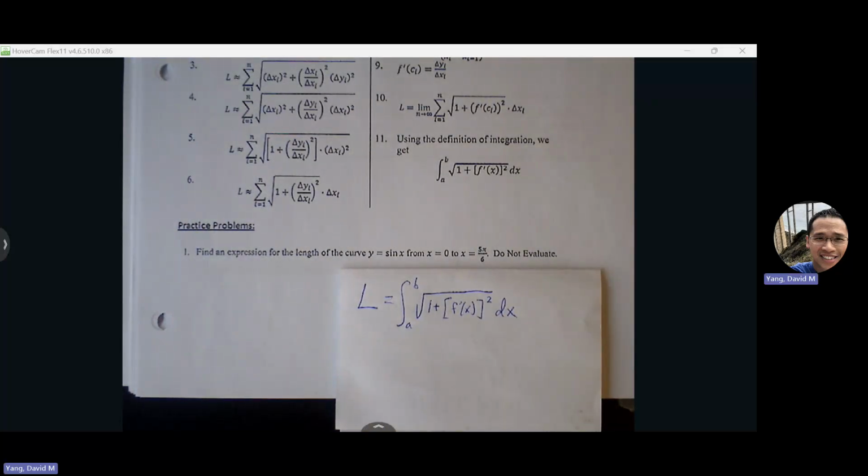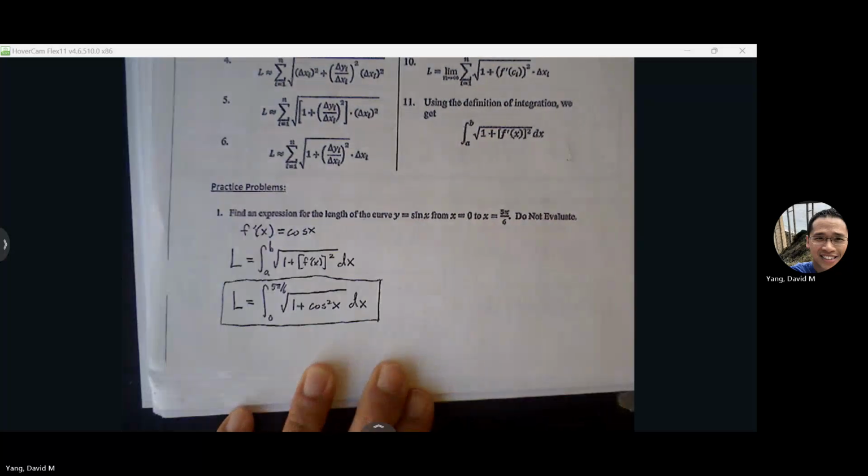Okay, very similar to number 2 above. Right, next page.